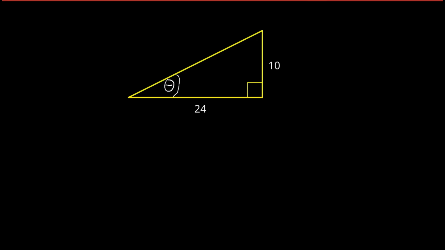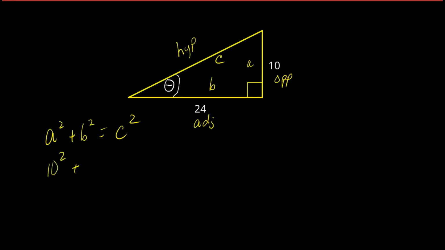Okay, so I see that the 10 here is opposite the angle. The 24 is adjacent to the angle. And this is the hypotenuse here. So the first order of business, if we need to solve for the length of the hypotenuse, we'll say a squared plus b squared equals c squared. If this is b, this is a, and this is c, then 10 squared plus 24 squared equals c squared.